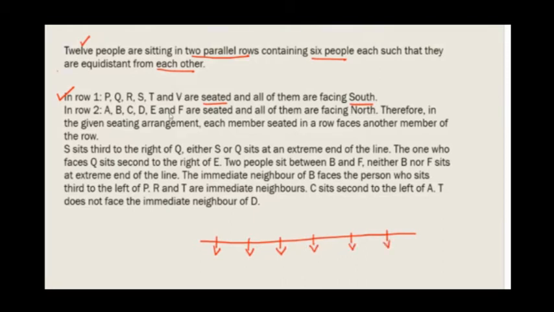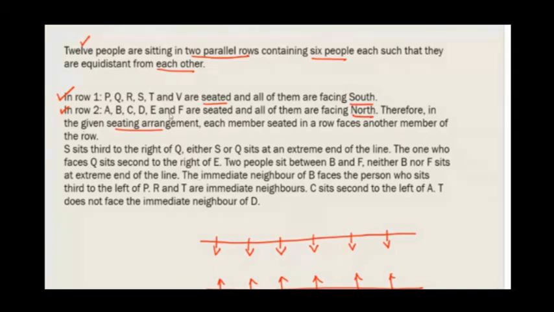In row 2, there are 6 people, and they are facing north. Therefore, in the given seating arrangement, each member seated in a row faces another member of the other row. That is, one person is facing the other person.